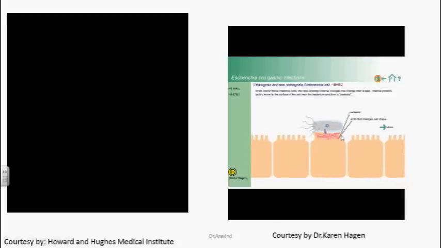These are the pedestals, which we call attaching and effacing lesions, formed by altering the actin filaments, and after that it secretes the Shiga toxin. The Shiga toxin inhibits protein synthesis, which can ultimately destroy the cells.